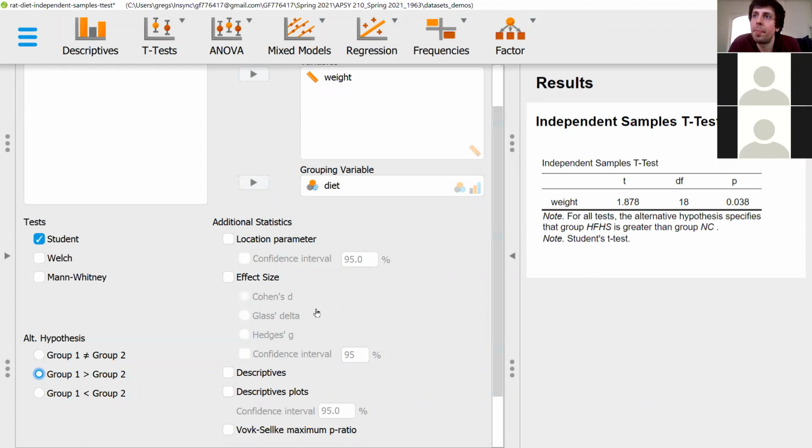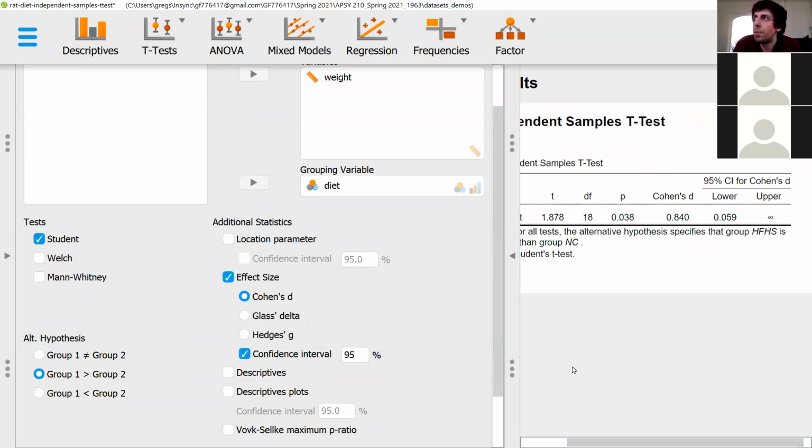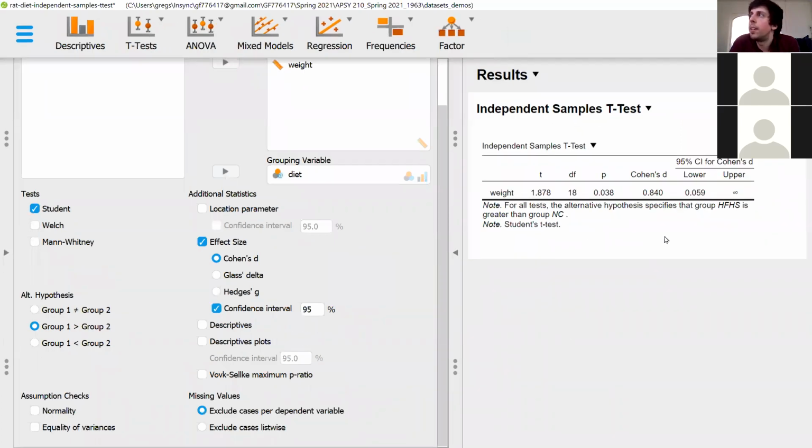In addition, something really cool about JASP is that you can calculate things like the effect size. There are different kinds of effect size; we've been talking exclusively about Cohen's d, but there are other ones. We also talked about confidence intervals. Here, you can choose a 95% confidence interval. So what we have here are the confidence intervals.